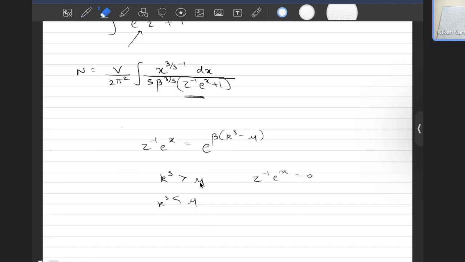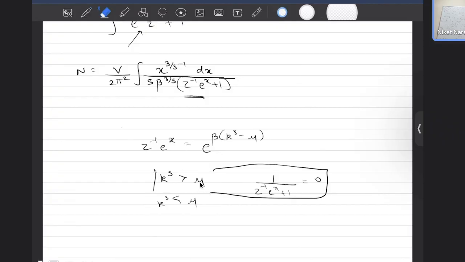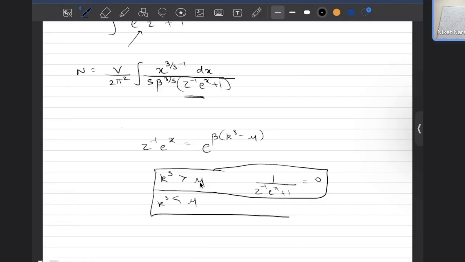Yeah, when it's greater than mu, in that case, 1 by z inverse e power x plus 1 is equal to 0. But when ks is less than mu, then what I have is z inverse e power x is equal to 0.